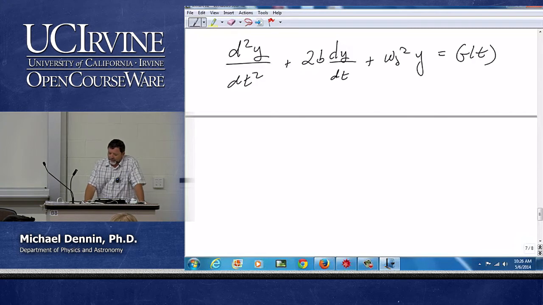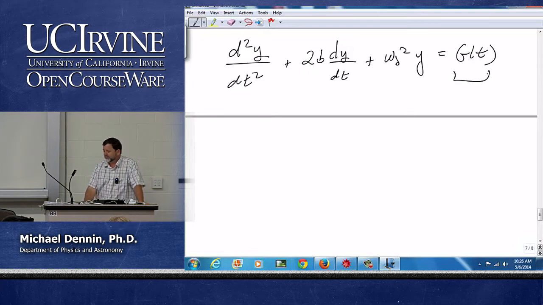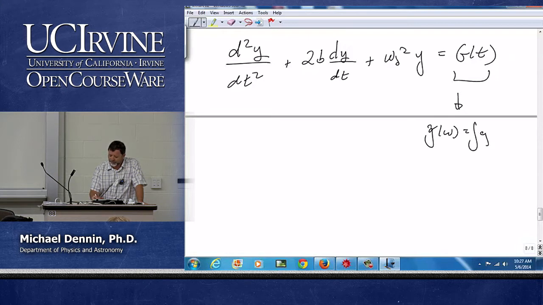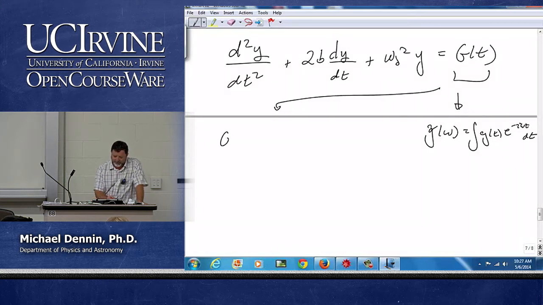Now, given that I have a driving, there's really 2 choices we have. There is the case we just did, where we're worried about sort of infinite space, and I'll take the Fourier transform of G. There also is a case where G of t is periodic over some domain.